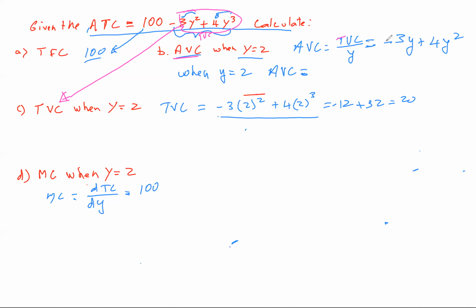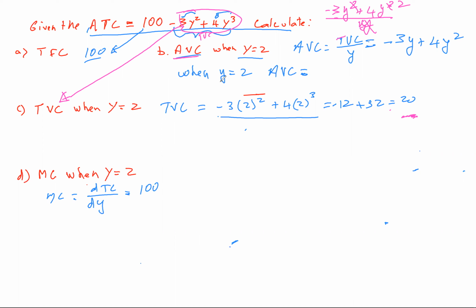So we divide minus 3y squared plus 4y cubed by y, and that gives us minus 3y plus 4y squared.